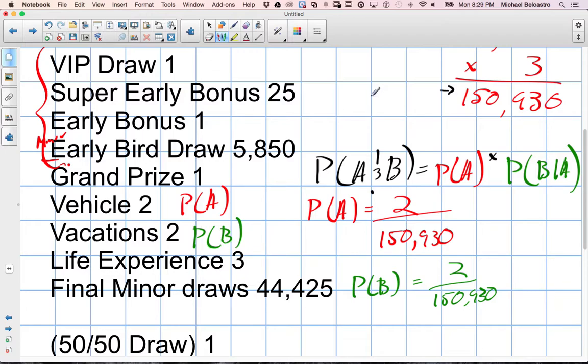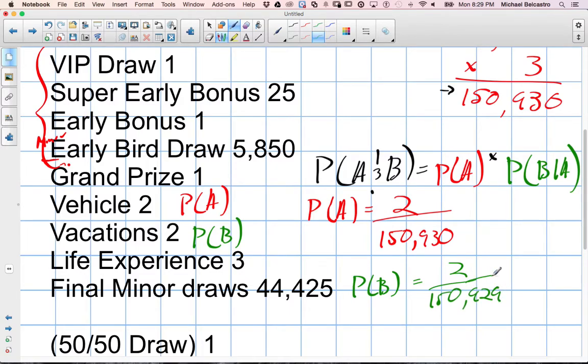So because it's not being replaced, we now no longer are out of 150,930. Because one ticket was drawn, we have to subtract that value. So we now have 150,929. Yes, very good. 150,929.